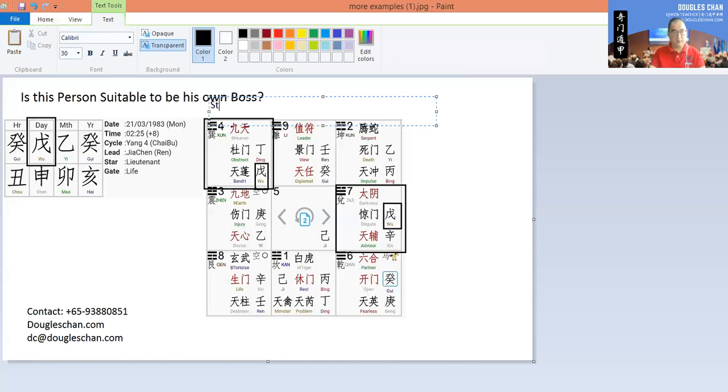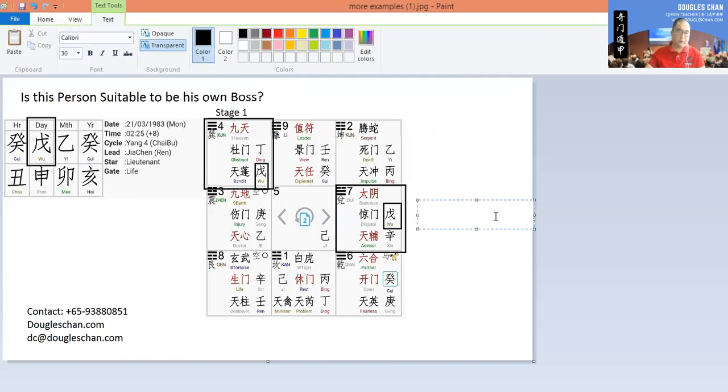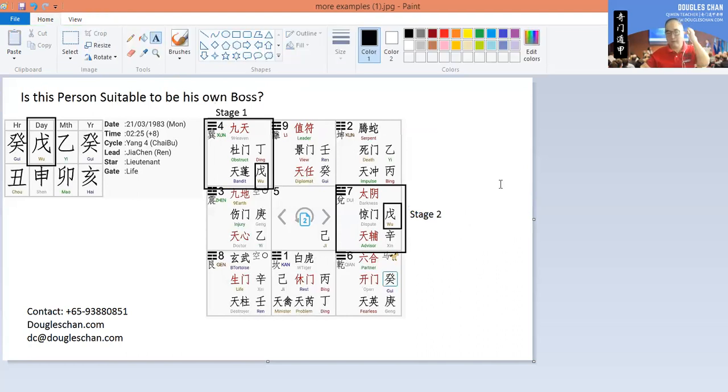We have stage 1, which is from his birth all the way until about 35 years old. Stage 2 will be box 7, which is after 35 years old all the way.